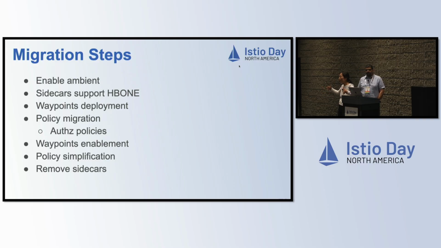Then you can go ahead and deploy the waypoint, but that doesn't mean you are using it. Remember I talked about in my demo, the use-waypoint label is what dictates whether your waypoint gets used. So when you have your waypoint deployed, you can test it without actually having it be used.